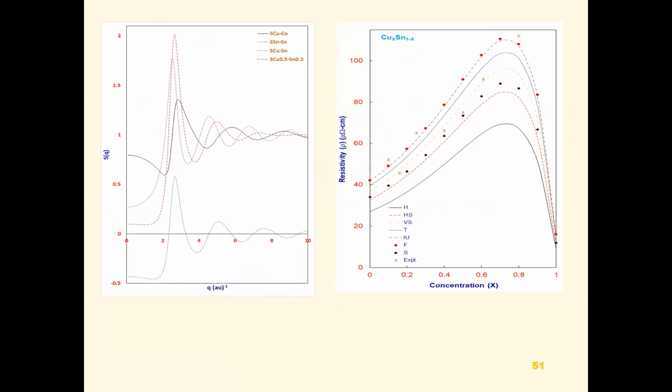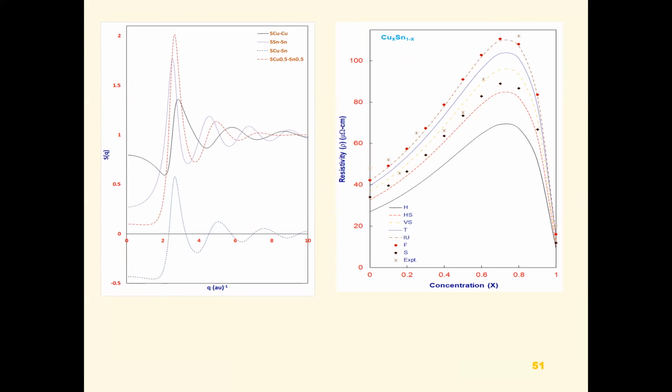Again, this is the resistivity of the amorphous alloys CuSn. On the left-hand side, you can see the picture of the structure factor of these CuSn alloys. The black one represents the structure factor of the Cu element.